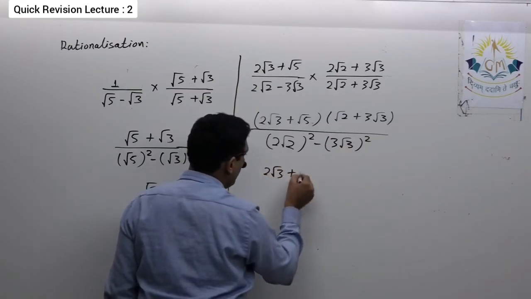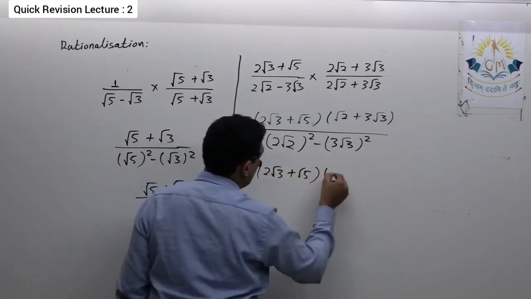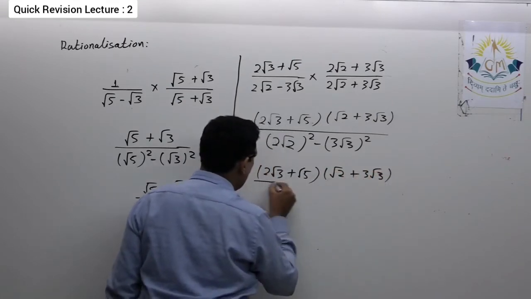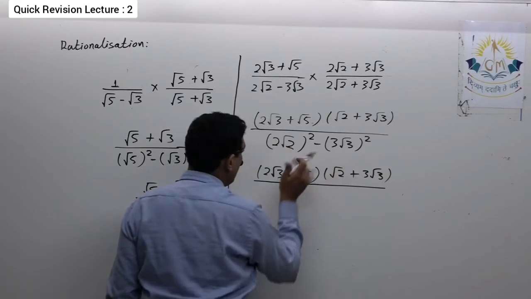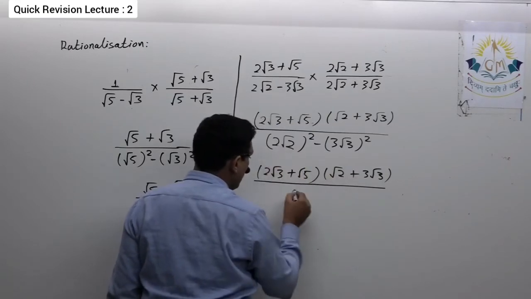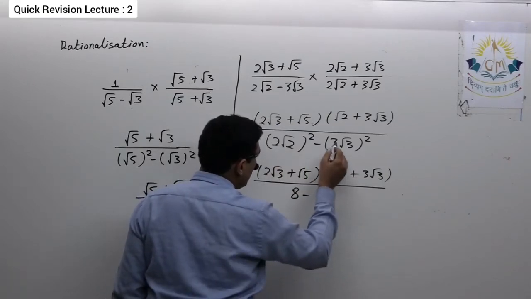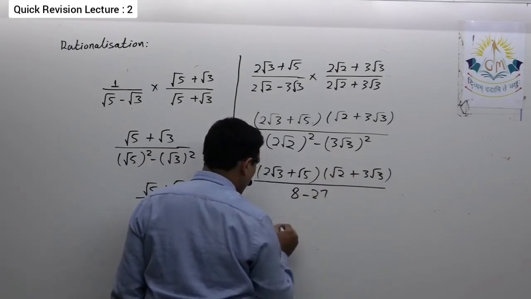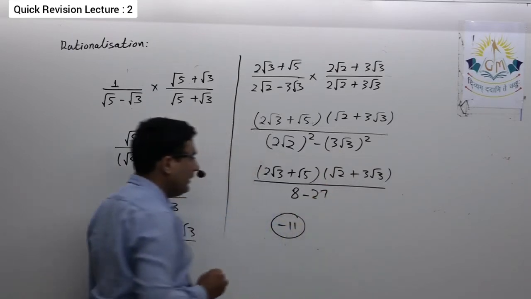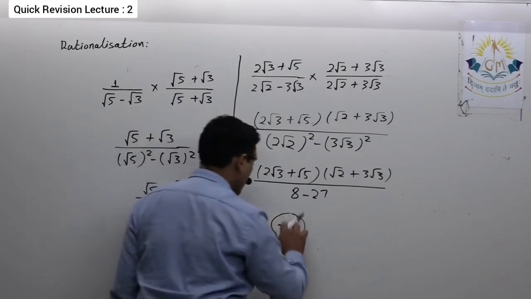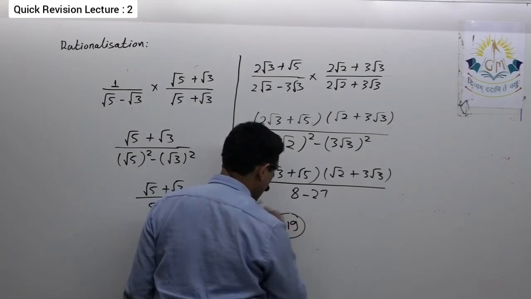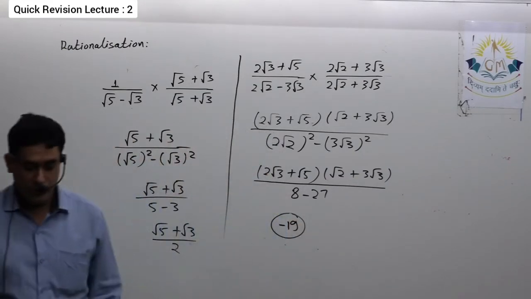Numerator, I'm not multiplying. It might ask for the product of these two, which I'm assuming you know. So the denominator will be 4 into 2, that is 8, minus 9 into 3, 27. So the denominator will be minus 19.